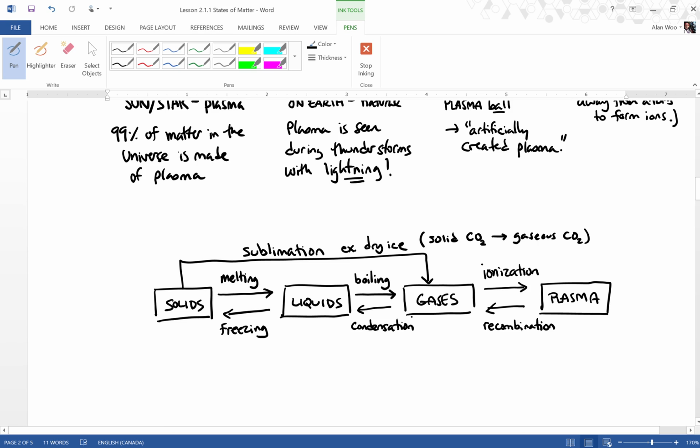But if there is a process that goes from solids to gases in one step, then of course there is a process that goes from gases to solids in a single step. This is called deposition. Okay. Deposition is the opposite of sublimation. And the example that I'm going to give you here is likely going to be one that I will show you in class, and it's iodine gas.